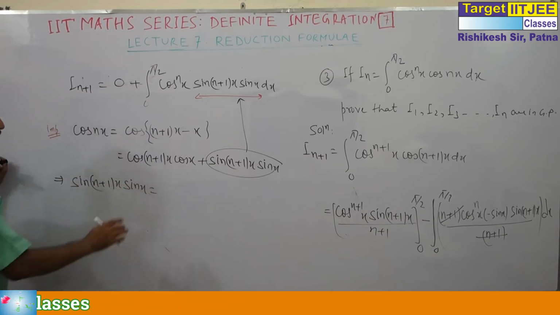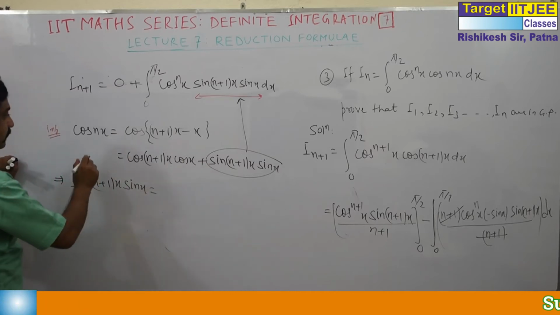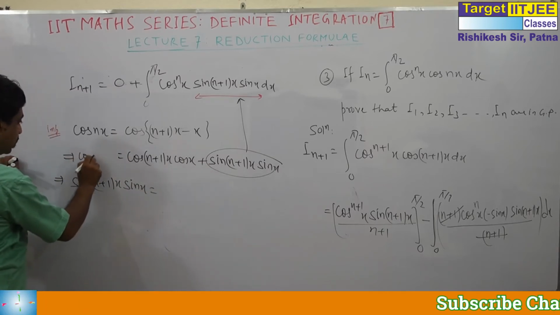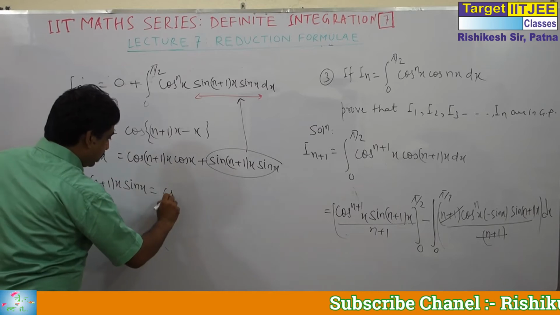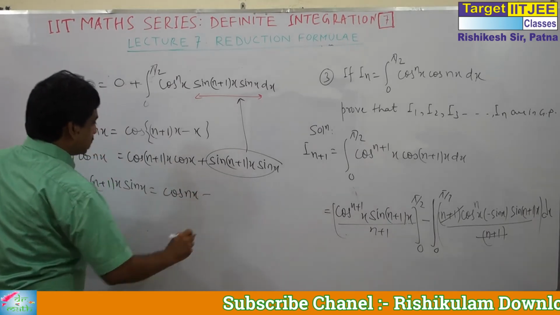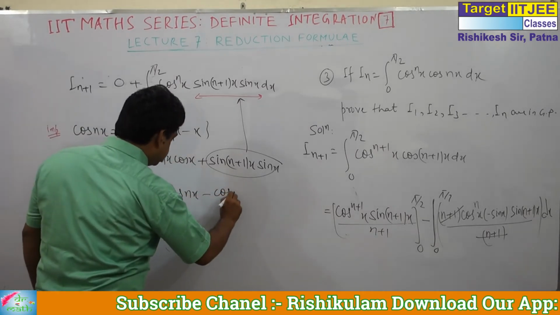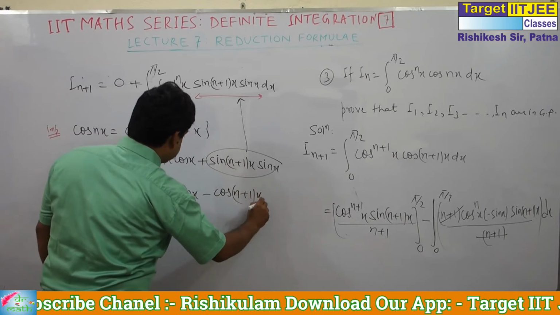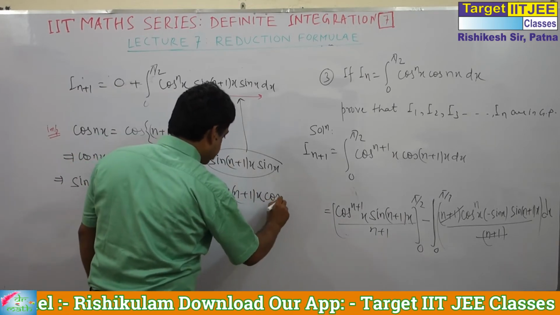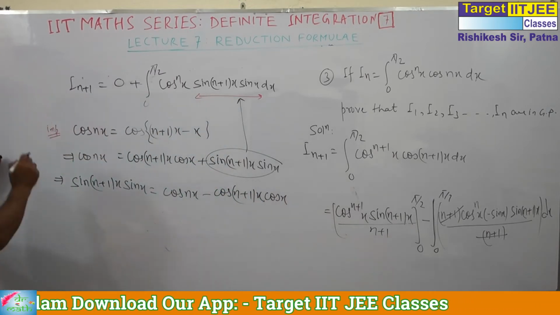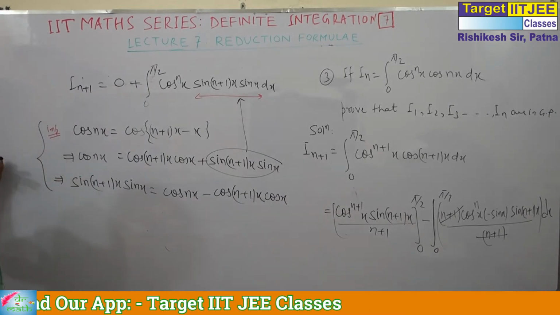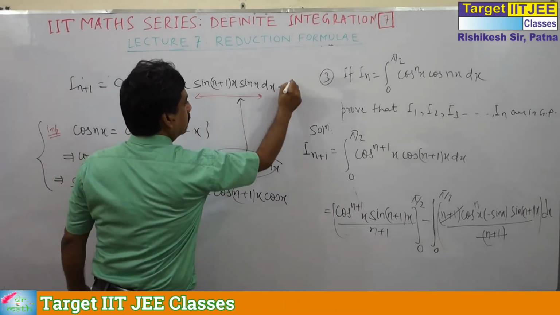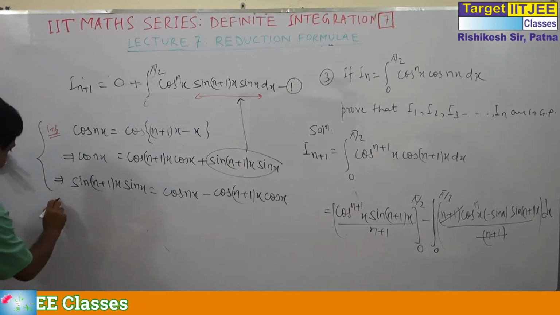From here we can write this is cos nx minus cos (n+1)x into cos x. Am I right? This step is important. Hence from 1.